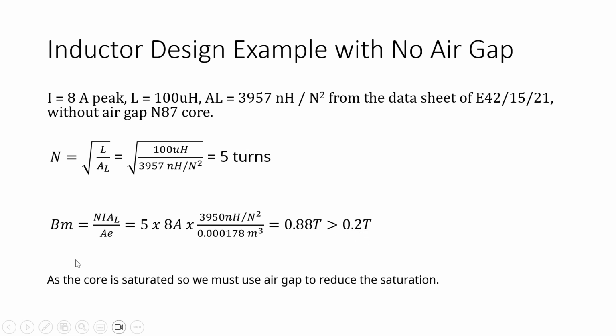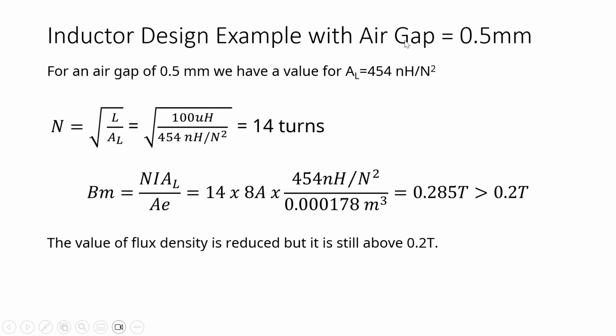We want to keep the flux in this region, so we will use an air gap to reduce this value. So now we use an air gap of 0.5 millimeter, and now we have an AL value of this.